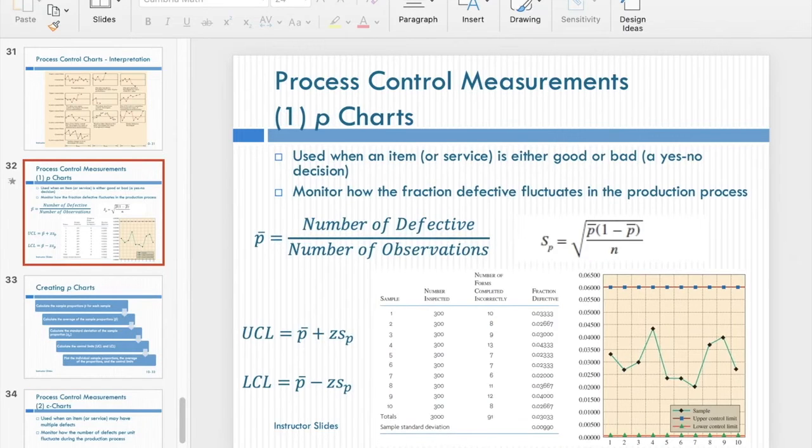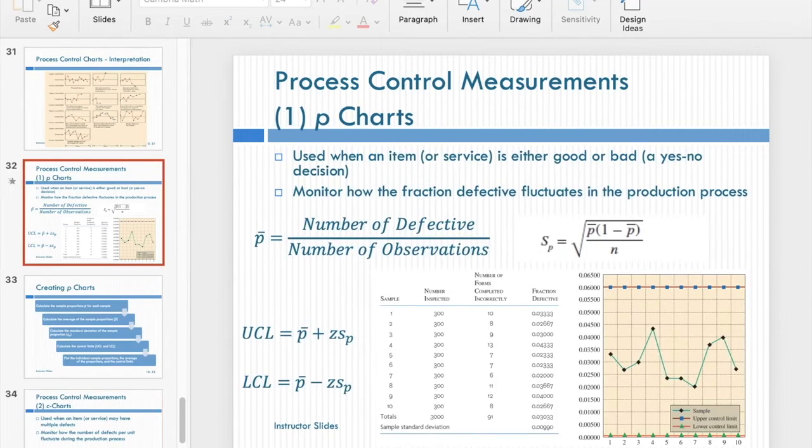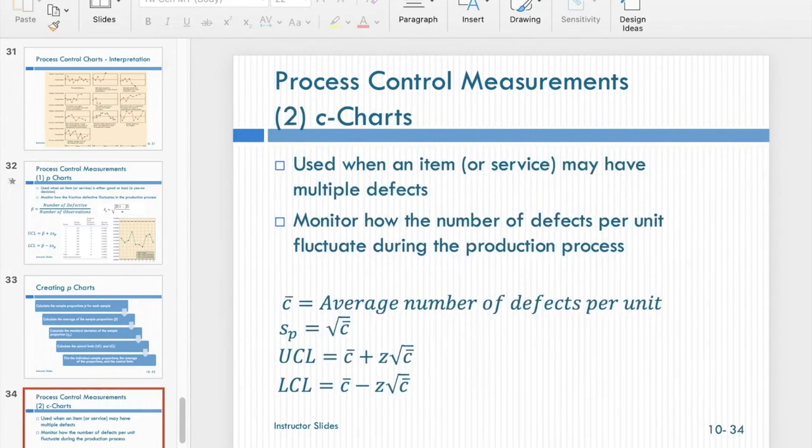In the first, the P chart, we monitor how the fraction of defective products fluctuates in the production process. But for the C chart, we monitor how the number of defects per unit fluctuates during the production process. You see the difference?